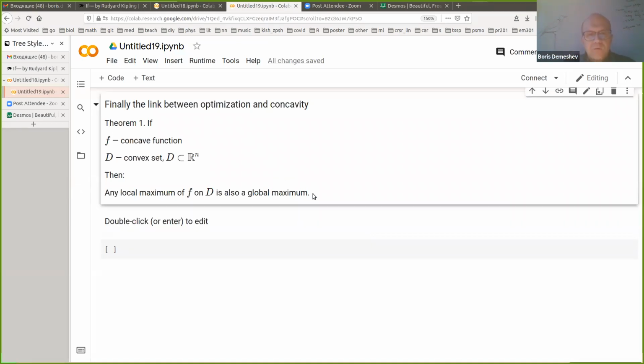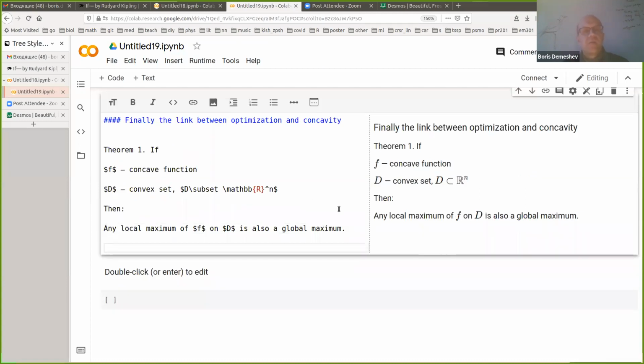Okay, let's move on. We will even add here a second point: the set of maximizers, let's call it M. So what do I mean?